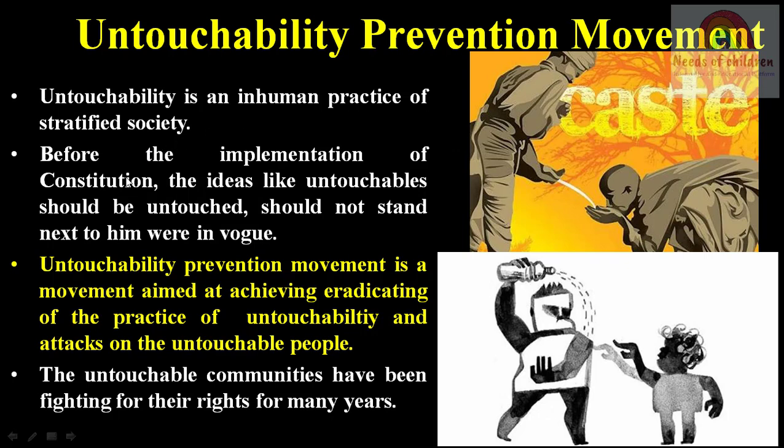Before the implementation of the Constitution, ideals like untouchables should not be touched and should not stand next to anyone were in vogue. The untouchability prevention movement is a movement aimed at achieving eradication of the practice of untouchability and attacks on the untouchable people. The untouchable communities have been fighting for their rights for many years. So we shall see a brief history of this movement.